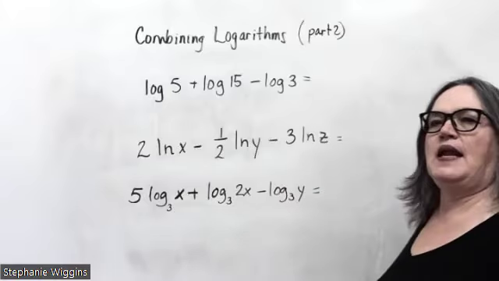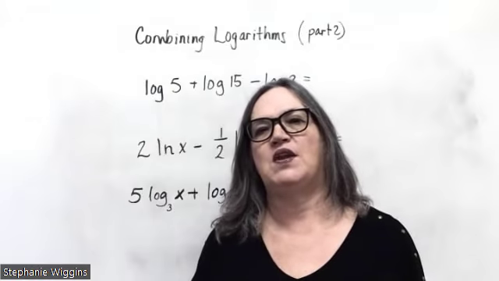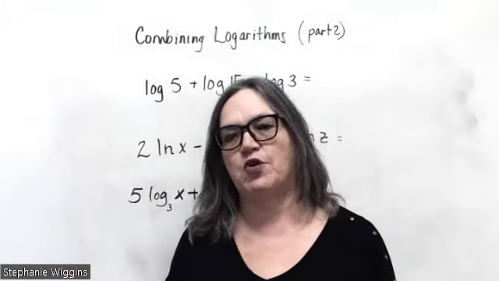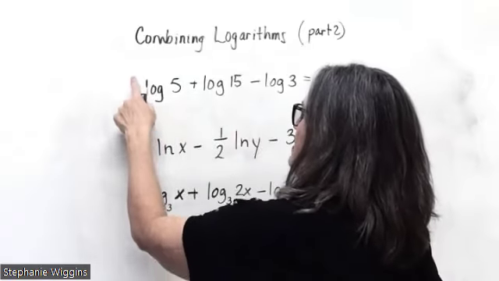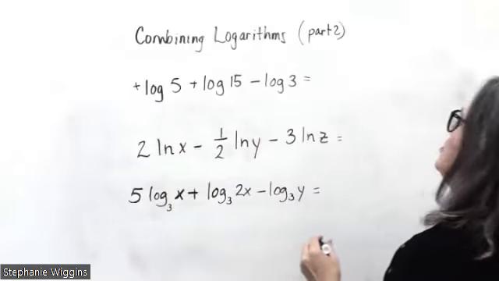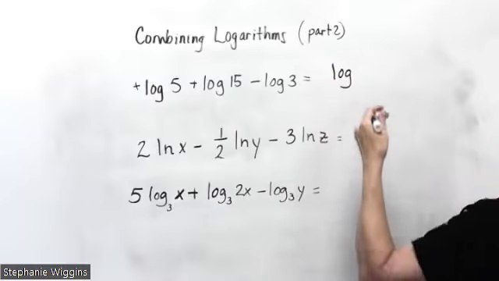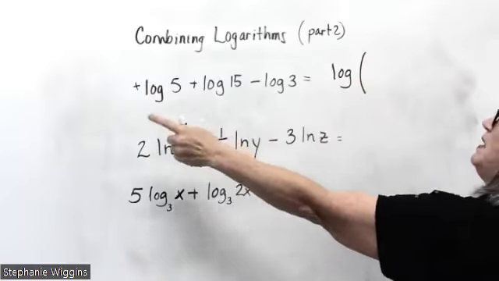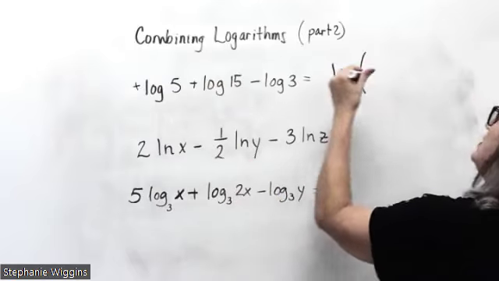Anything that has a positive in front of the log is going to go in the numerator. Anything with a negative is going to go in the denominator of your new argument. So this is out front. It doesn't have a positive sign, but we can think of that as a positive. So we're going to have a log, combining it into a single log, and it's going to be 5 and 15 in the numerator because they both are positive.